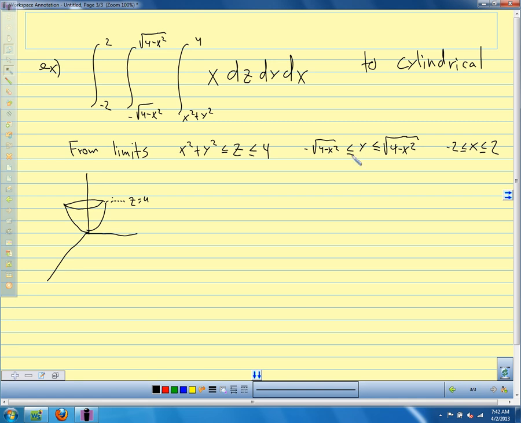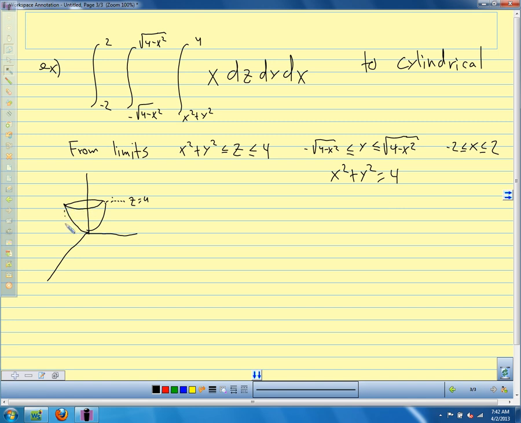And this tells us that minus square root of 4 minus x squared is less than or equal to y, less than or equal to square root of 4 minus x squared. So in the xy plane, what is this telling us? This is a circle, right? This is x squared plus y squared equals 4.